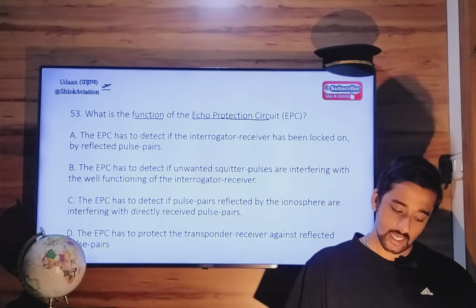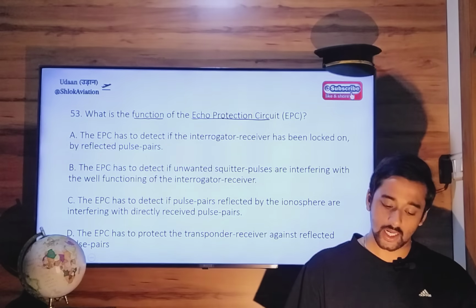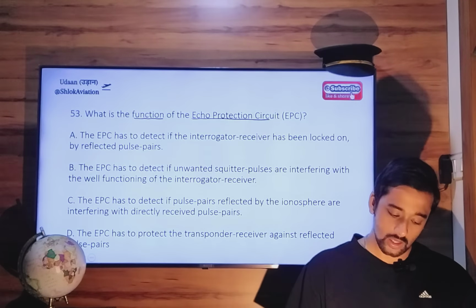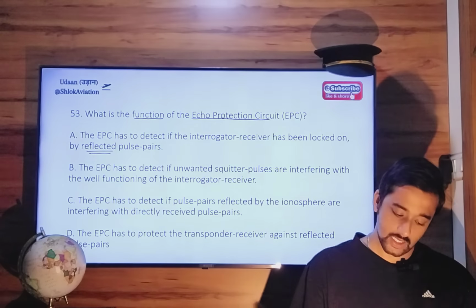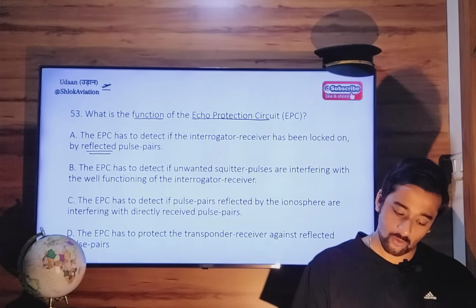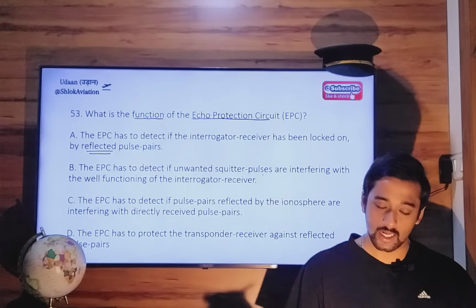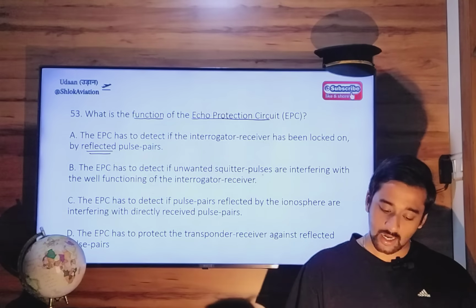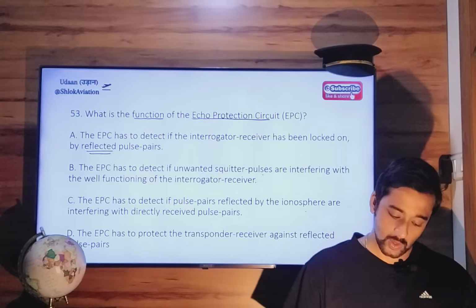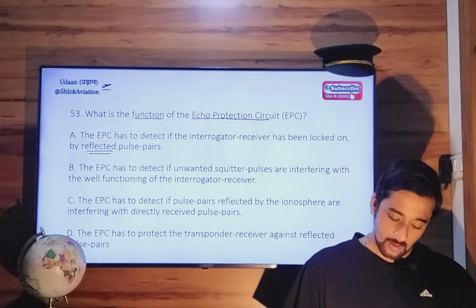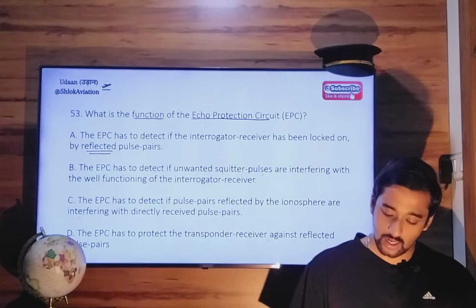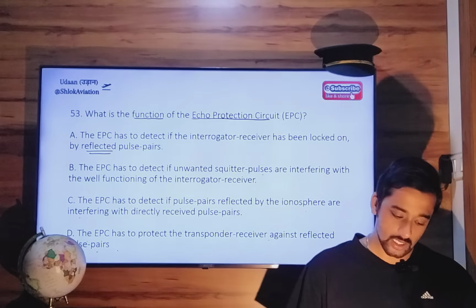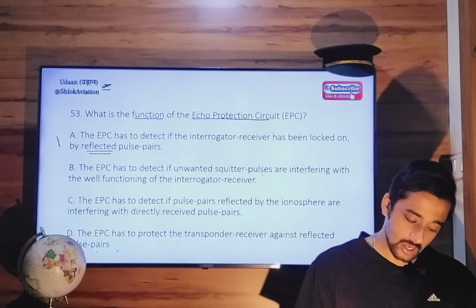So the correct answer is: EPC has to detect if the interrogator receiver has been locked on by reflected pulse pairs. EPC has to detect if unwanted squitter pulses are interfering with well-functioning interrogator receiver. EPC has to detect if pulse pairs reflected by ionosphere are interfering. EPC has to protect transponder receiver against reflected pulse pairs. So the correct answer is option A.